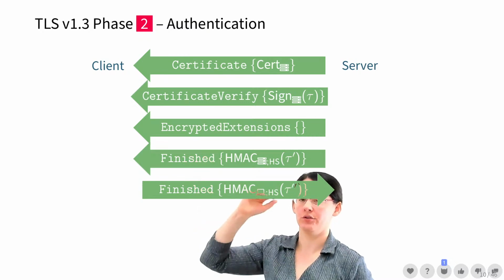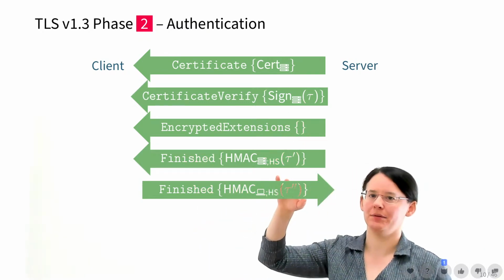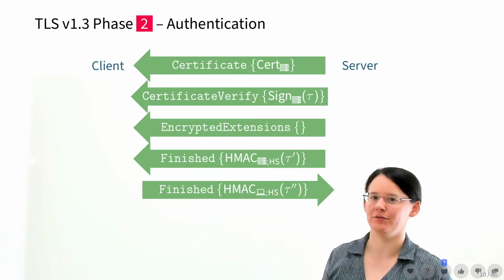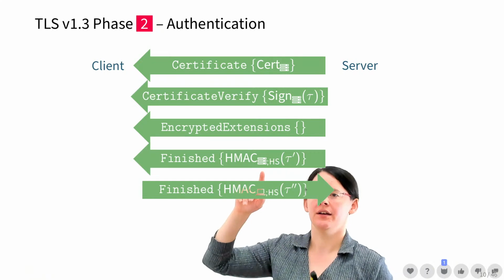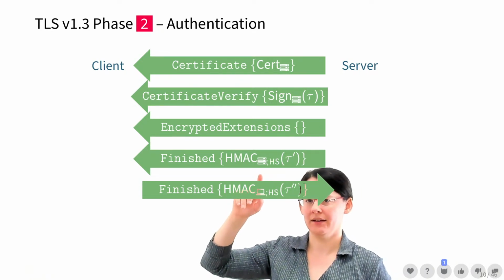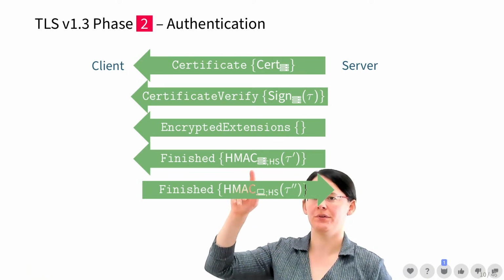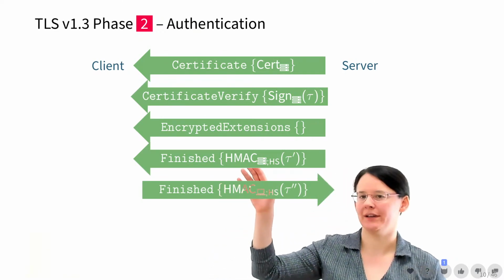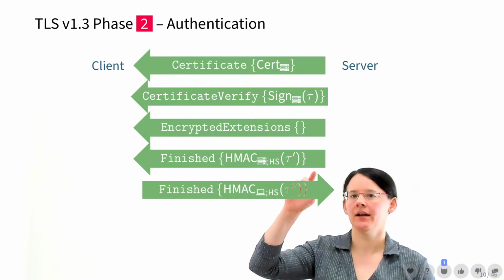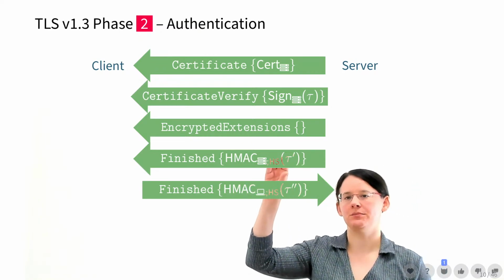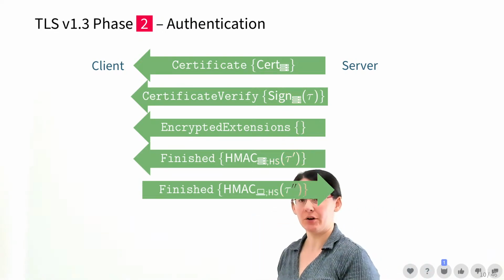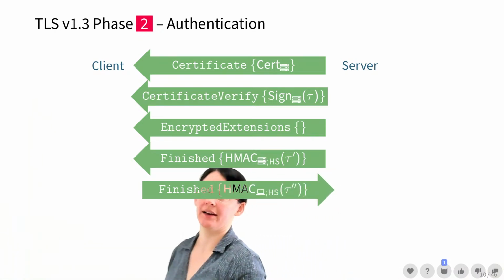And to confirm this end and to confirm all that has happened before, and to confirm that the server actually has successfully completed Diffie-Hellman, we now use the key that both of them have derived from Diffie-Hellman in order to compute a MAC, specifically an HMAC, which is a hash-based MAC, of the transcript up to this point. So this transcript now also includes all of these messages here. And we compute a MAC over this whole thing, so a checksum, and send it over to the client.